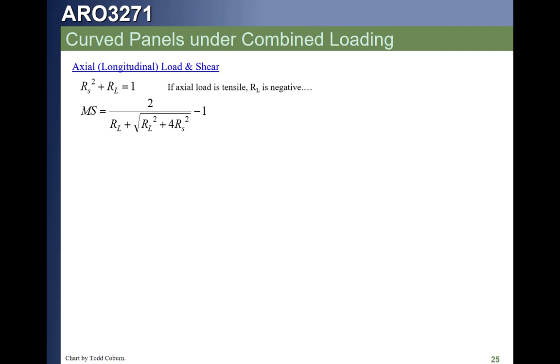If our axial load is tension, that will give us a negative RL, because our stress ratio for compression is the compressive stress divided by our F critical for that compression. Both of these should be negative because tension doesn't cause stability failures.